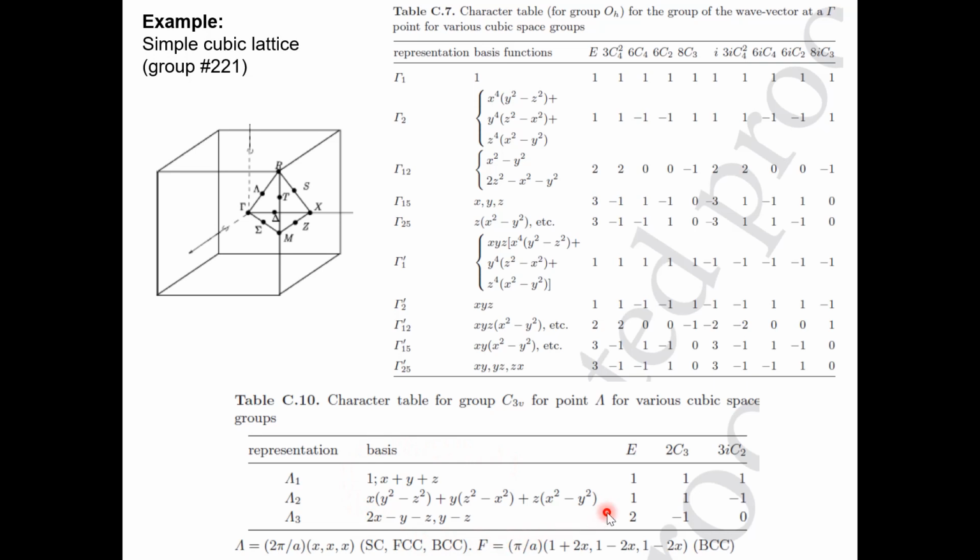They are more convenient to work with this particular problem of the group of the wave vector. So this is going to be clear by the end of this lecture. Okay, so this is a general notation for the lambda point. It is a general wave vector along the 1-1-1 direction.